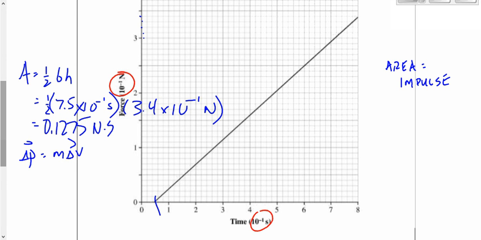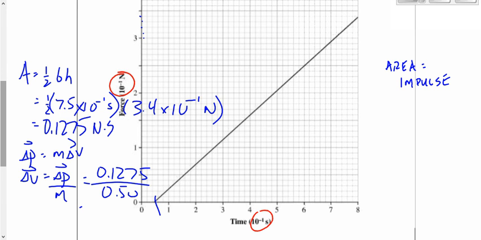Sometimes we get 10 to the minus 1 newtons. Sometimes they might have something below the x-axis, whatever, but they're pretty much the same. The odds of seeing something like this down the road are, I would suggest, very, very high. 0.1275 divided by the mass. The mass was 0.50. Delta V is 2.6 times 10 to the minus 1 meters per second.